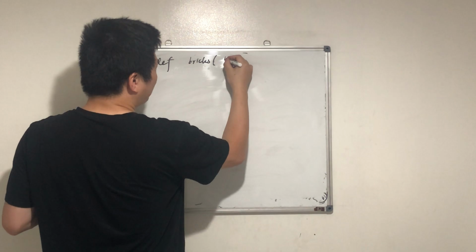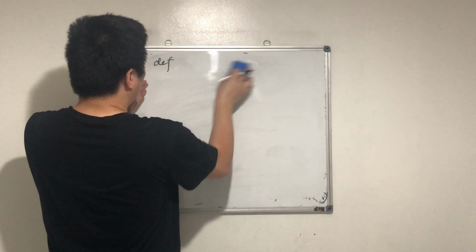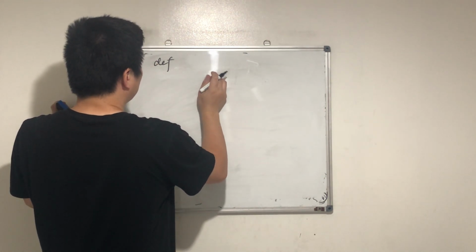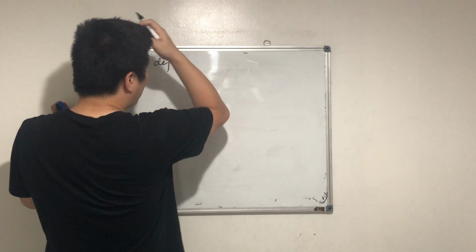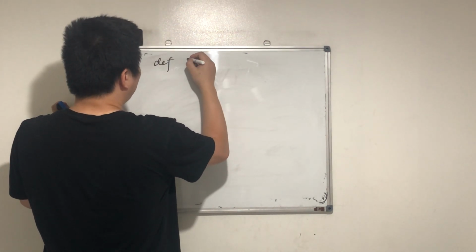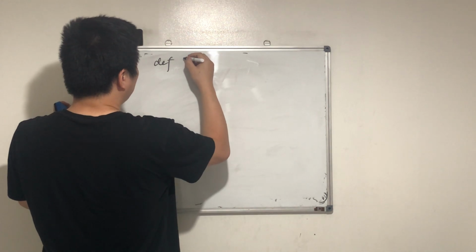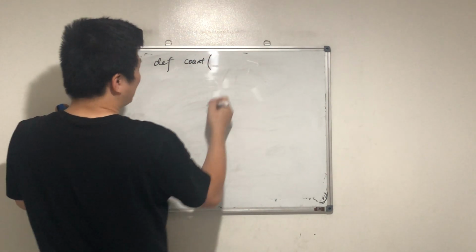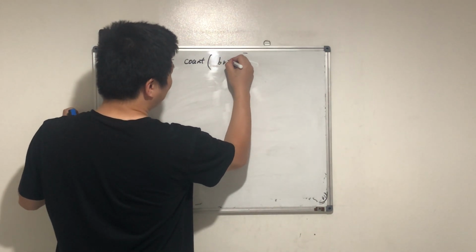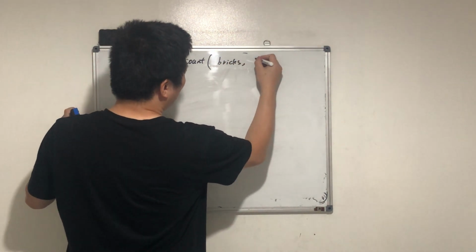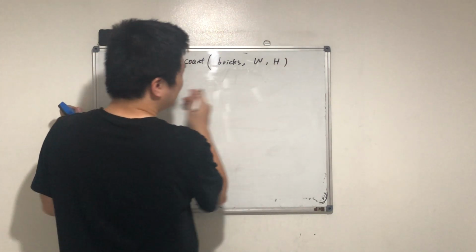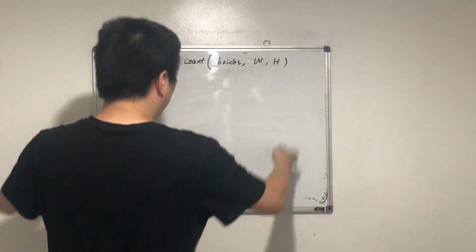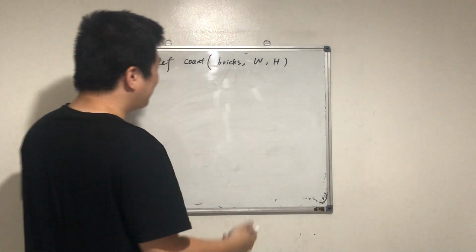We want to have this brick. So define, what do we call it? Let's call it count. Just count how many ways of it. We want to have these bricks, the input, and the width and the height. Width is the width of the wall. Height is the height of wall, right?